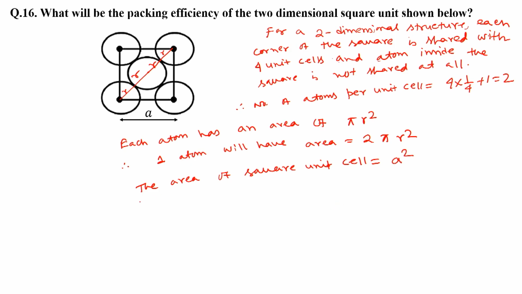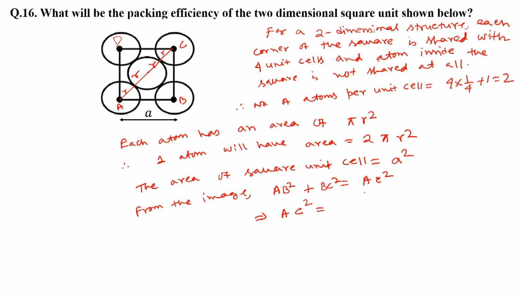Now from the image, this is point A, this is point B, this is point C, and this is point D. From the image we can write, by Pythagoras theorem, AB square plus BC square equals AC square.